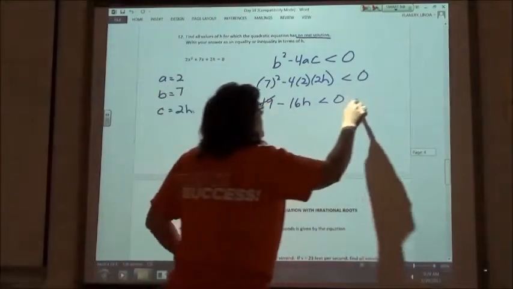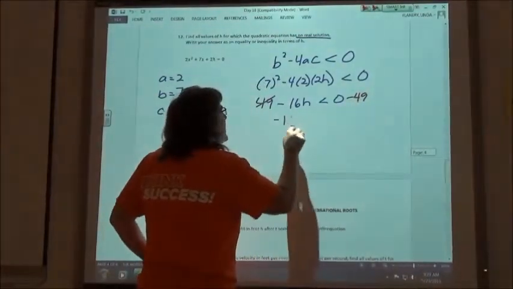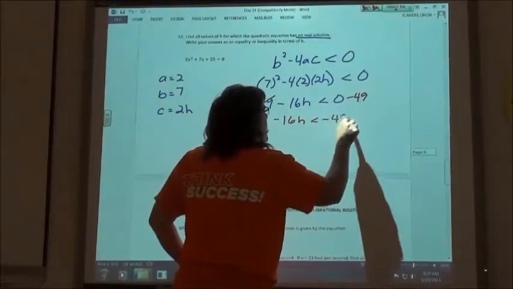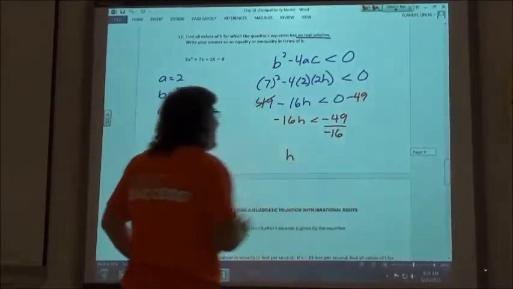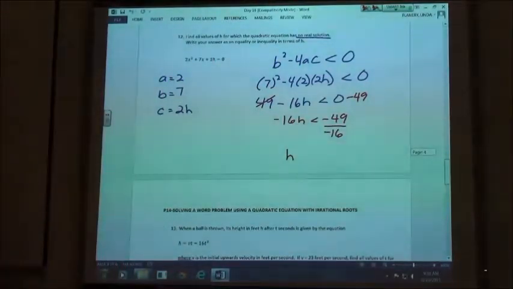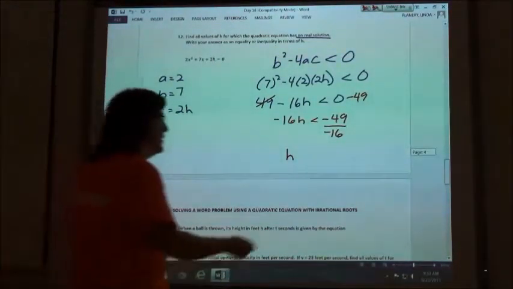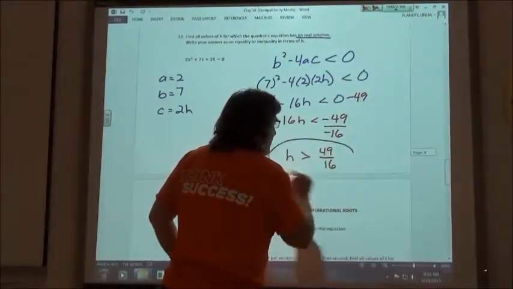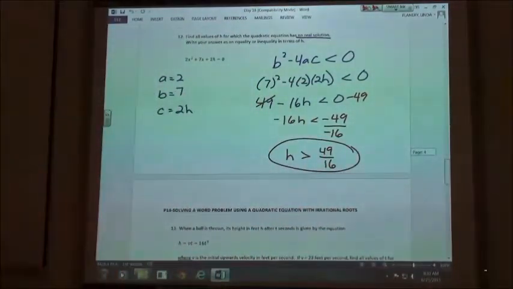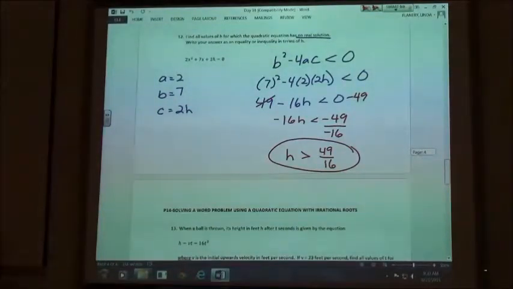Subtract your 49 would work. So negative 16h is less than negative 49. And then, of course, we're going to divide. And so our answer is going to be h is greater than 49/16. All right.